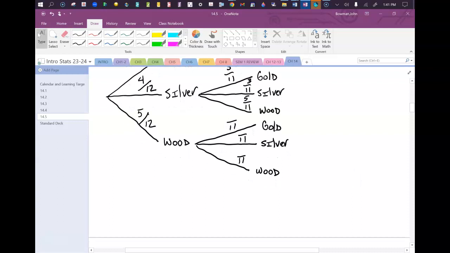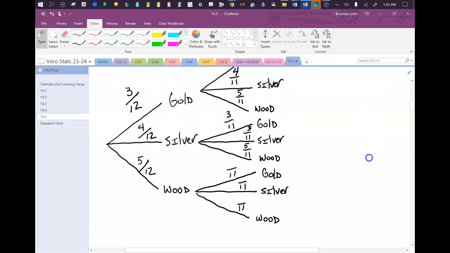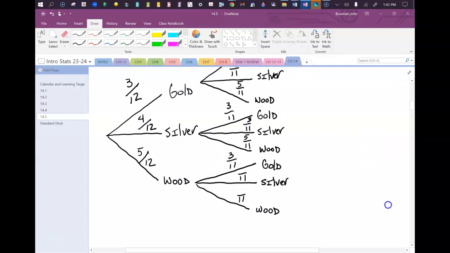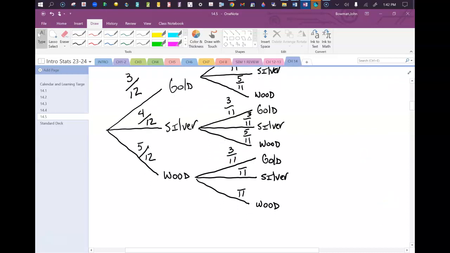And finally, we're going to look at the conditional probability if you have drawn wood. So given that you've drawn a room in Wood Hall, what's the probability that your friend draws a room in Gold Hall? Well, there's still all 3 Gold Hall rooms left out of 11. Given that you've drawn Wood Hall, what's the probability your friend draws Silver Hall?